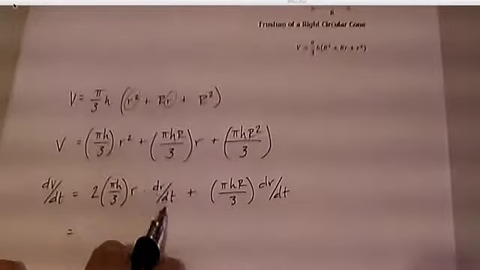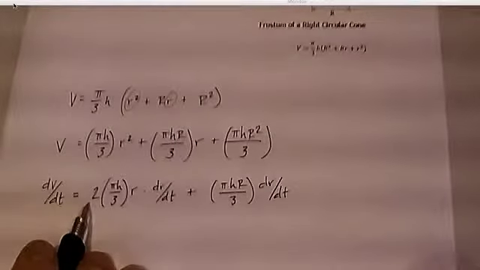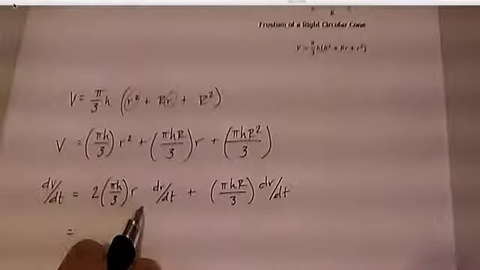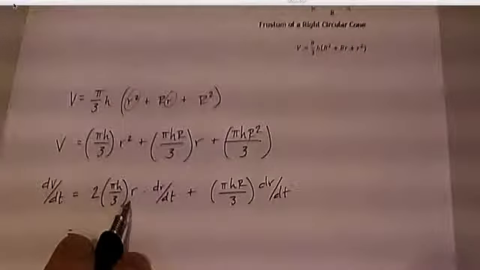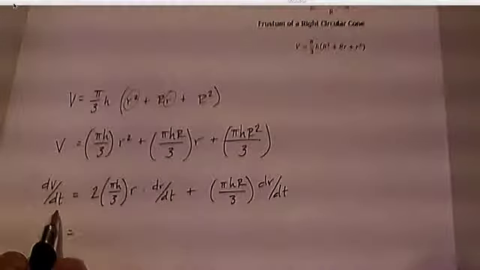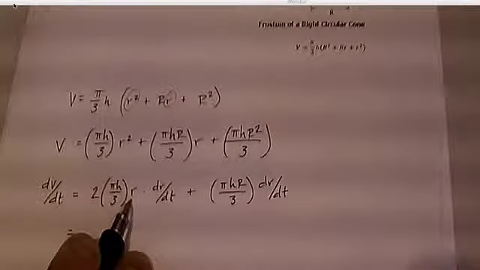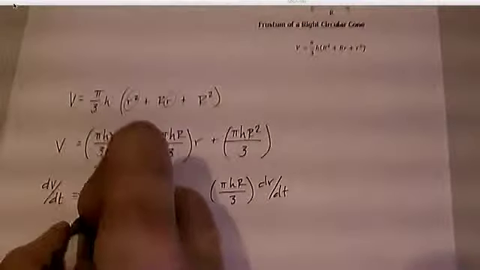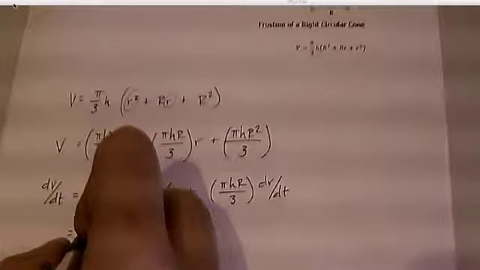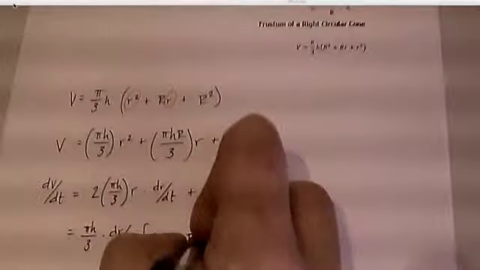Okay? So when is dV/dt going to be at its maximum in terms of magnitude? Well, the only thing that's changing here is r. So dV/dt is largest when r is largest. And therefore, you can go ahead and pull out the pi h over 3 times dr/dt out of both terms, and you're left with 2r plus r, right?